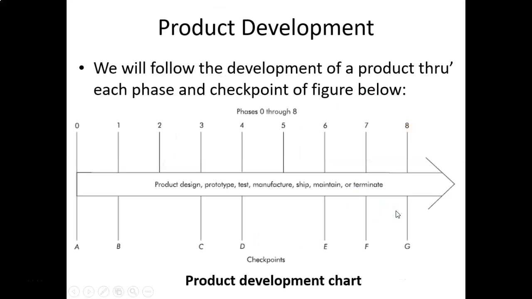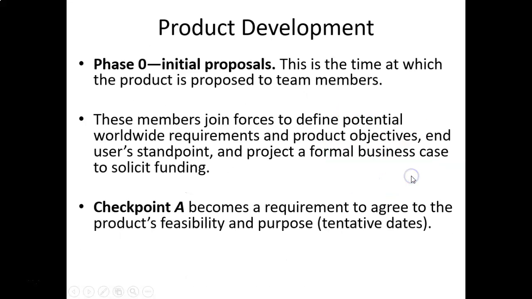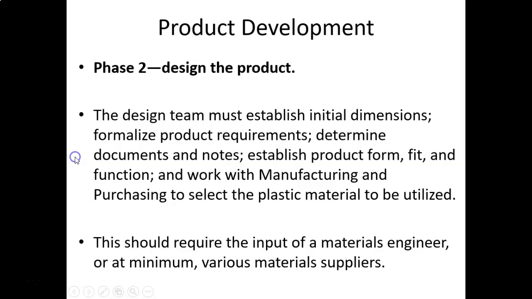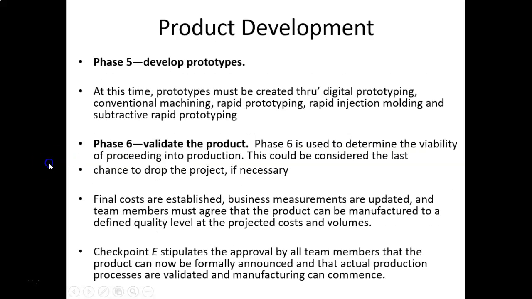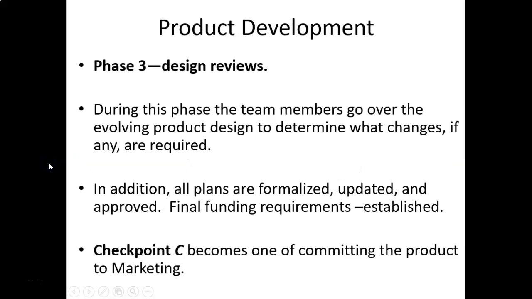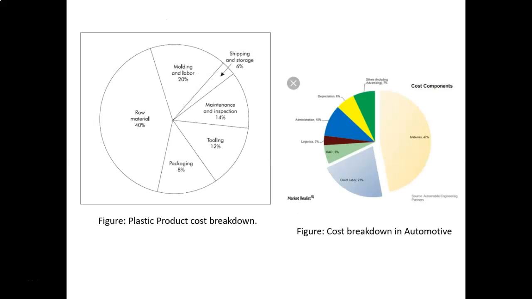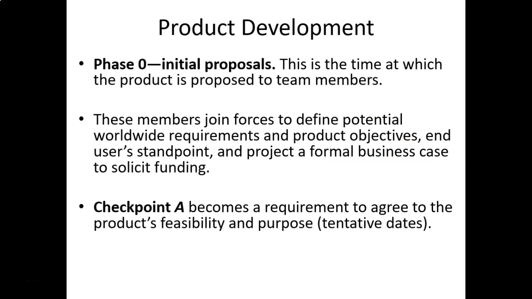Okay, this one is the flow. Okay, flow of the product development. Okay, we have several phases, which is 0 to 8 phases. Okay, we look at the product development for phase 0, which is the preparation of the proposal.